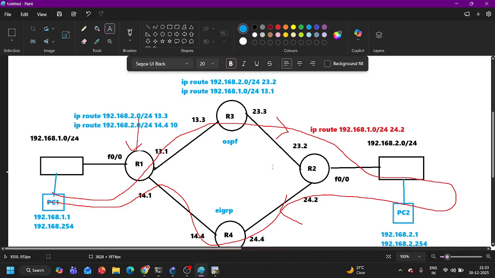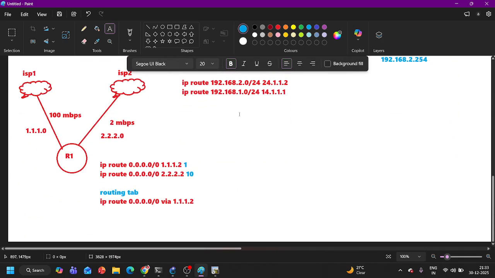Now if I talk about static routing, I already told you the meaning of routing. Routing means adding routes in the routing table of a router, or adding paths in the routing table of a router. And if we are doing it manually, that is called static routing. There are three ways to configure static routing.